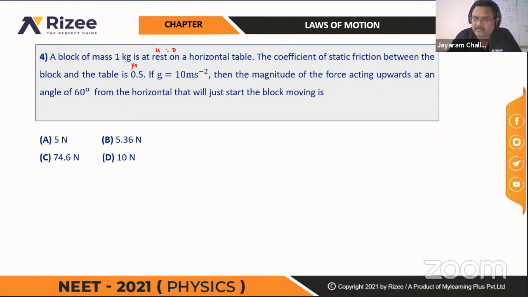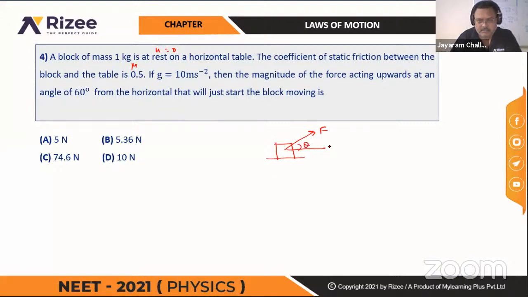Then the magnitude of the force acting upwards at an angle of 60 degrees from the horizontal. He is asking how much the force is going to be, and what the minimum force required is. So this is a situation where the minimum force required for pulling is needed.